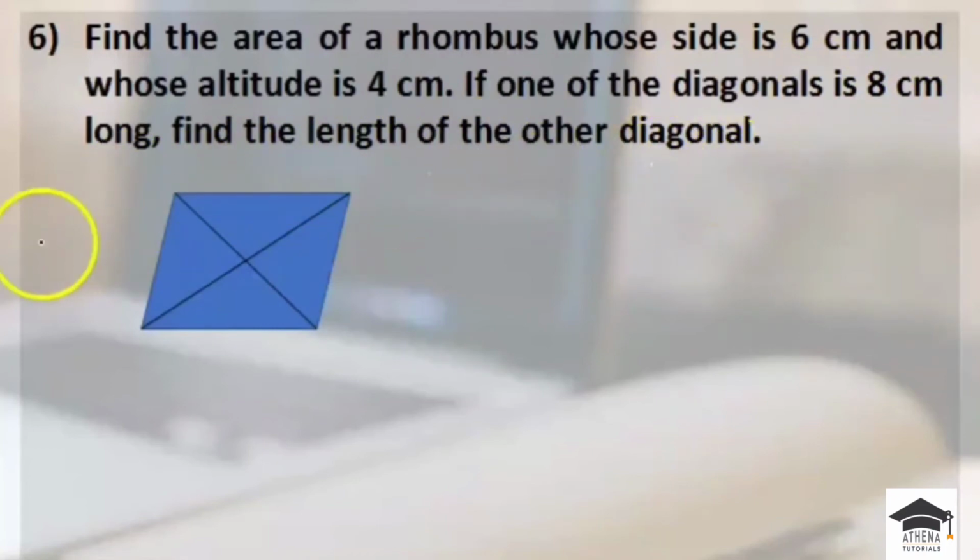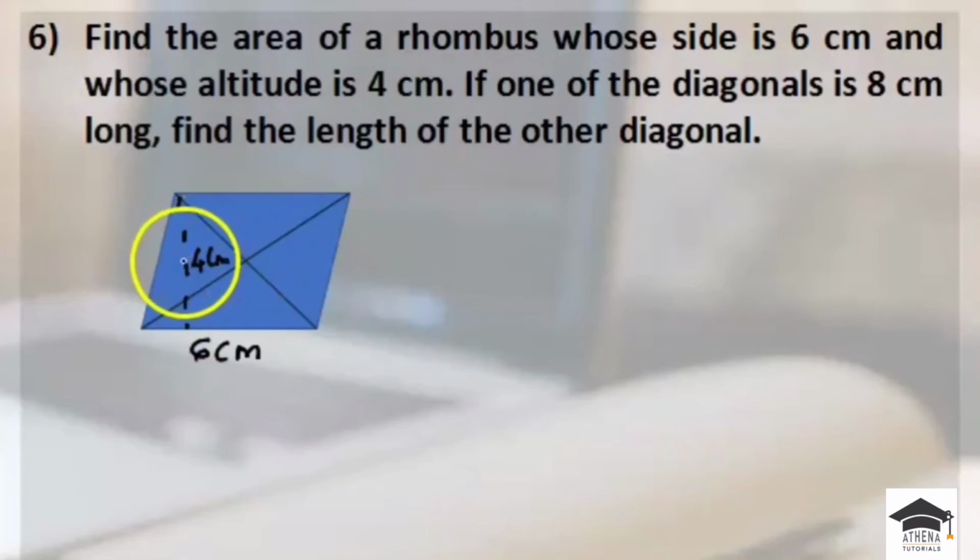They have mentioned that there is a rhombus. I have taken this figure and its side is 6 centimeter. The side is 6 centimeter and altitude. Altitude is nothing but the height. So, the height is 4 centimeter.